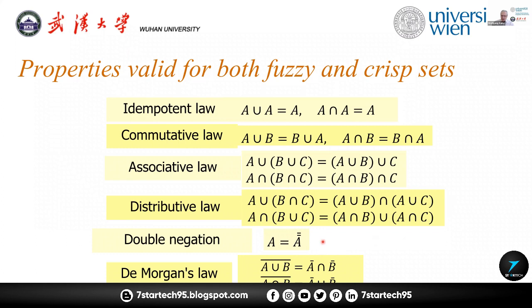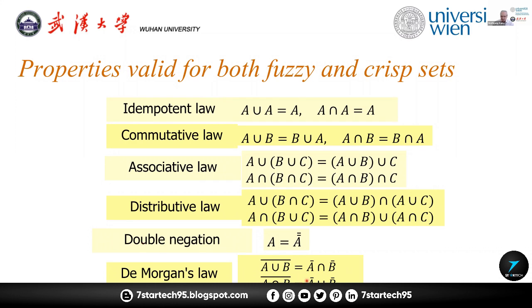In the same way, the double negation holds, which would also be a double complement in fuzzy sets. So the complement of a complement is the same set. If you take the complement of a complement, it doesn't change the set. In logic, it would be called double negation. In our sets here, we would call it the complement of the complement or the double complement.